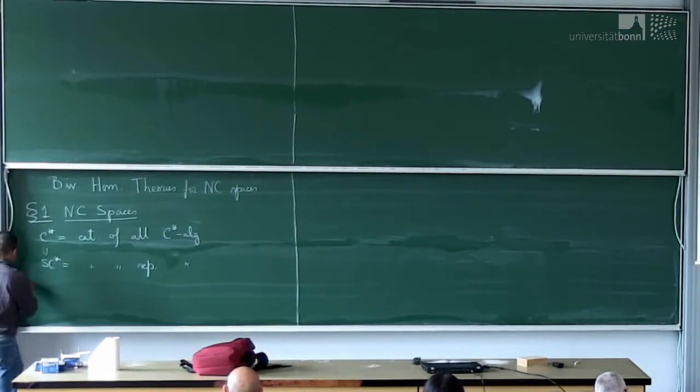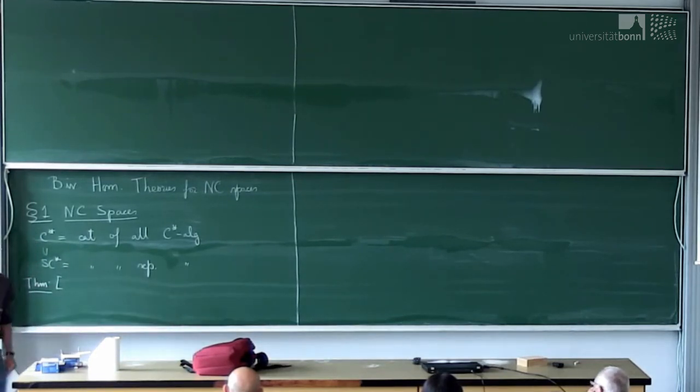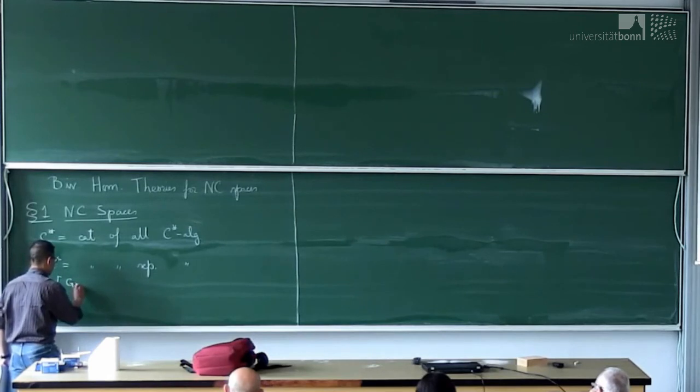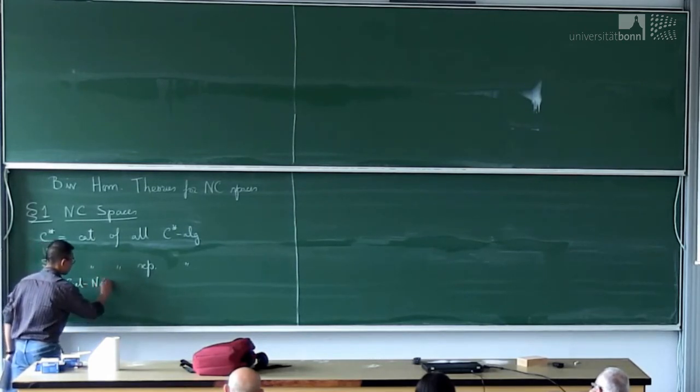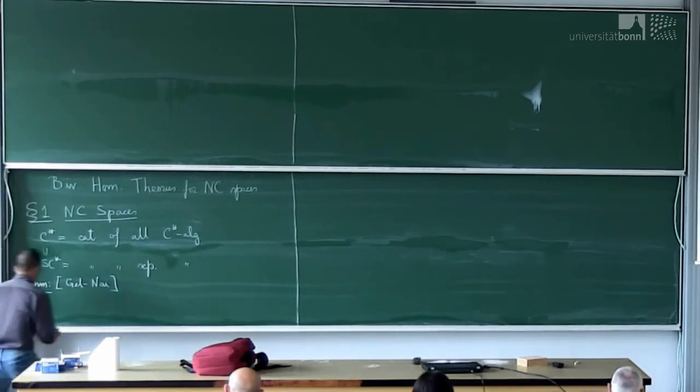There's something that we learned at the beginning of the summer school, in Ralph Meyer's lectures. In case you were not present and you are not aware of it, let me just remind you that there is this Gelfand-Naimark theorem. At least one way to formulate it would be as follows.